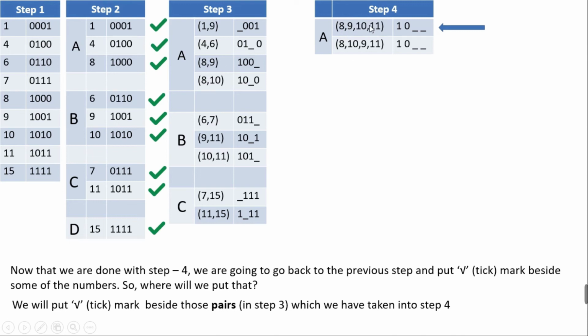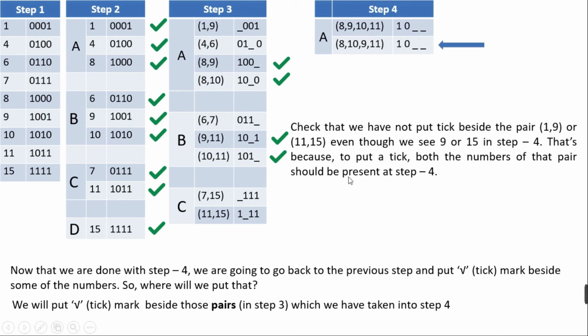So we're going to go back to step 3 and put tick marks beside those pairs, 8, 9 and 10, 11. Alright, so let's check the next one. The next one says 8, 10, 9, 11. So we're going to go back to step 3 and put tick marks on the pairs 8, 10 and 9, 11. Alright, so we just put tick marks beside those pairs which we have actually taken into step 4. This is how the tick marks are placed.